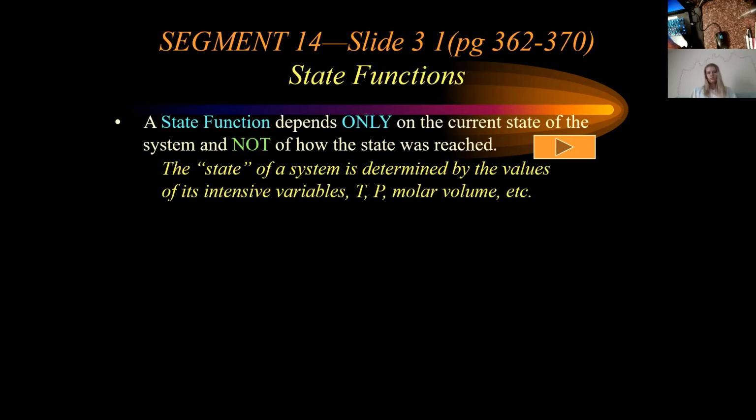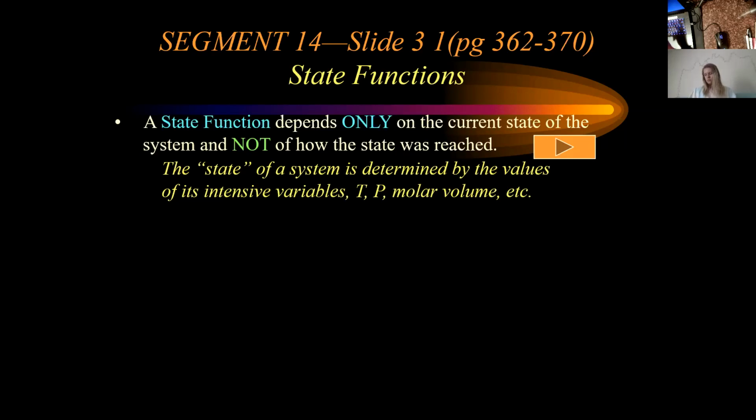So for gases, there are 3 intensive variables that completely define any state of any gas. Give me the pressure, give me the temperature, give me the molar volume, and then I would know everything there is to know about that sample of gas.